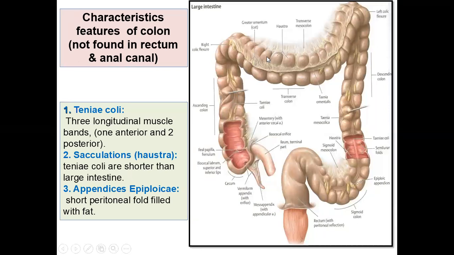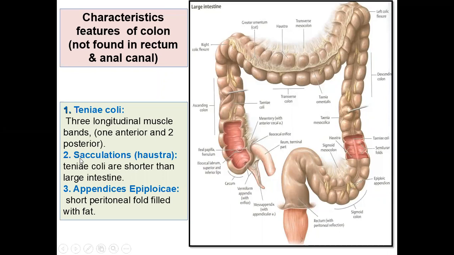These are nothing but the longitudinal muscle fibers. There are two types of muscle fibers if you study the histology of the colon: the inner circular and outer longitudinal. The outer longitudinal fibers aggregate into three areas. They form the tinea coli. This is only present in the large intestine, so it will be absent in the small intestine.